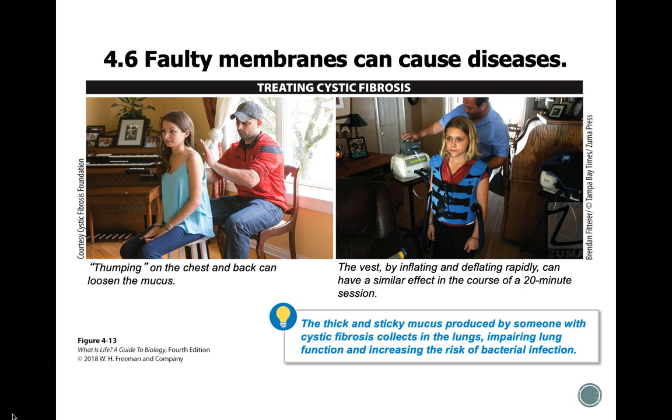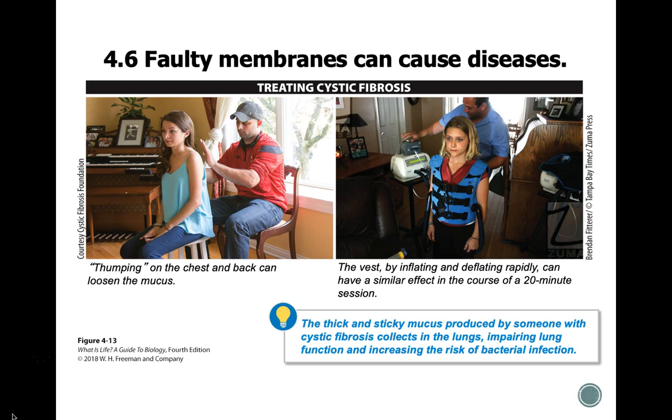So this faulty genetic information codes for a transport protein that allows chloride ions to get in and out of the cells. This transport protein is primarily in the membranes of cells along the digestive tract and along the lungs.